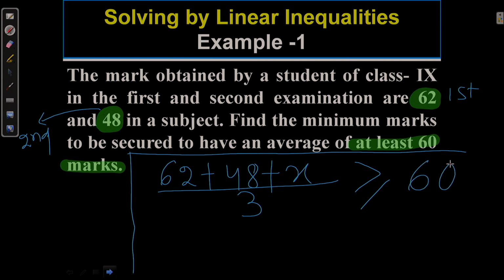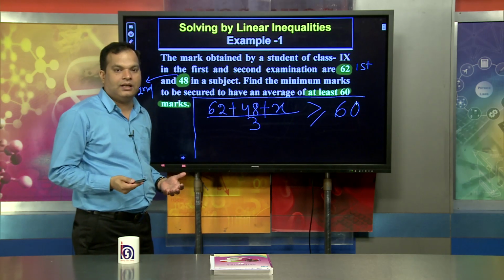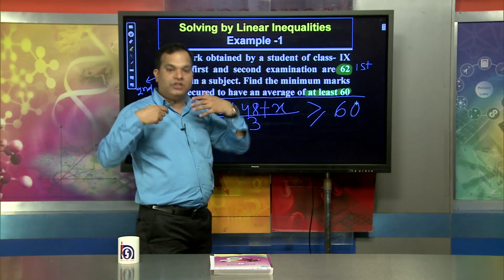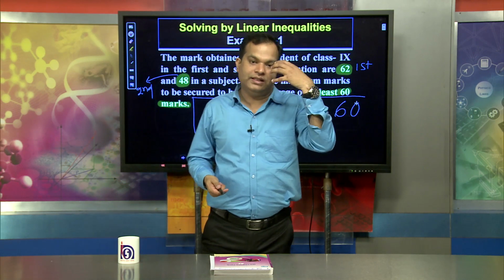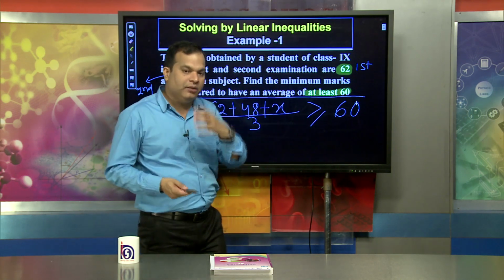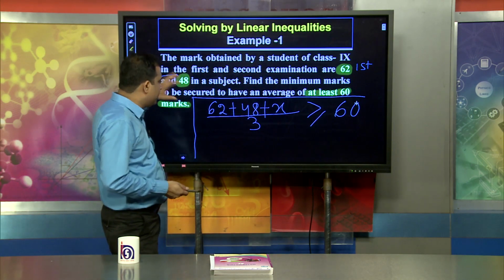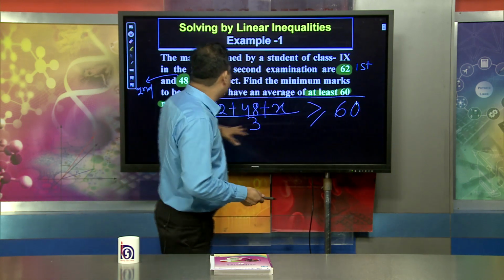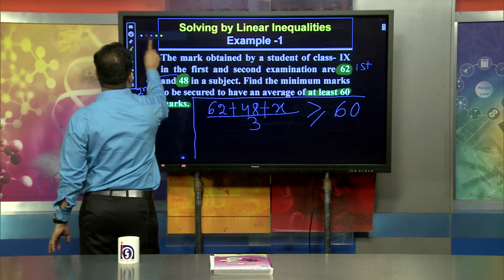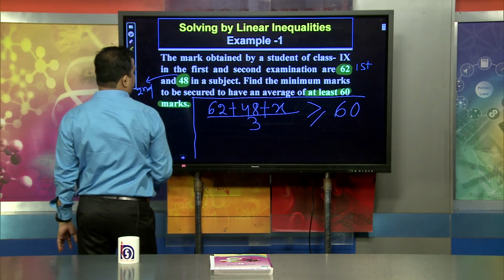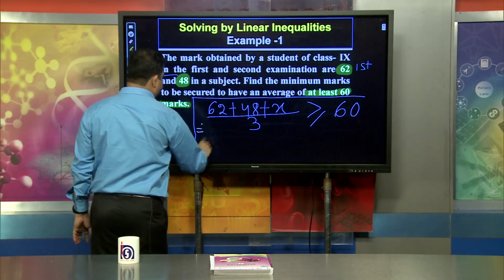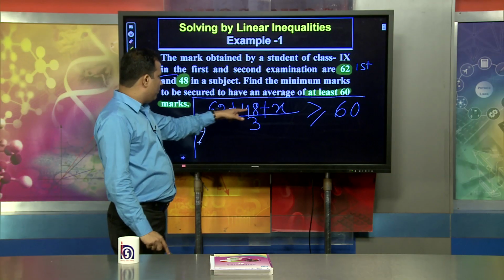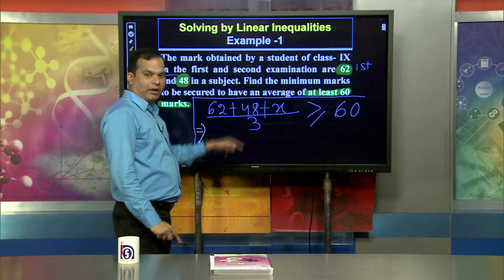This is the inequality we have found here. When we solve this inequality, we can generalize what will be the minimum mark the student is supposed to secure in order to get at least 60 marks. Now, you know how we have to solve; the solving part you already know. So I can say 62 plus 48 is 110.